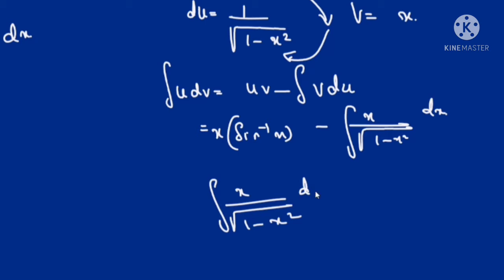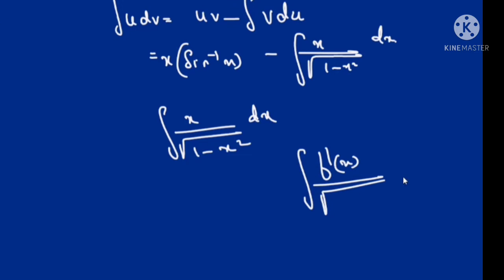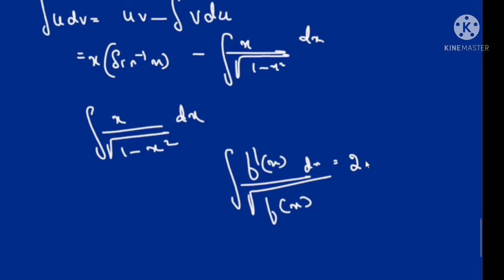So you can use this rule or formula, that is f dash of x by root of f of x, it is 2 times root of f of x. When the derivative of f of x is in the numerator and you have a root here, it is 2 times root of f of x. What is the derivative of 1? 0. x square, 2x, isn't it?